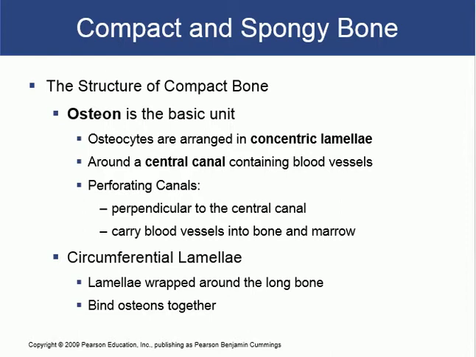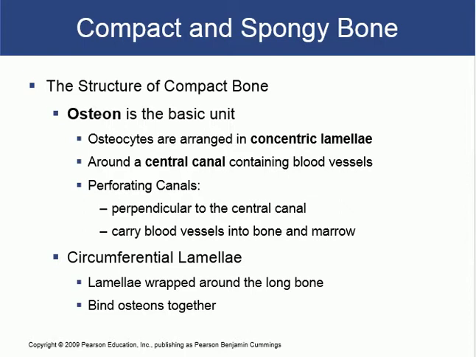If we're talking about the compact bone, and we will talk about the spongy bone. The two types are compact and spongy, right? First type is compact. The compact is a group of units. These units are called osteon. So what's the osteon? It's the basic unit of the compact bone. Okay? Osteon is a basic unit of the compact bone.